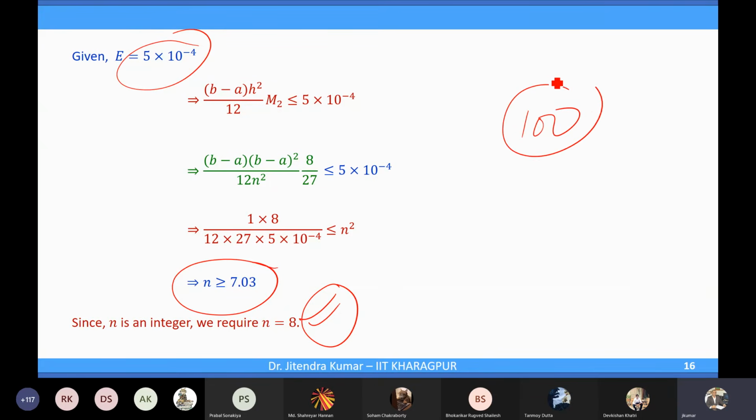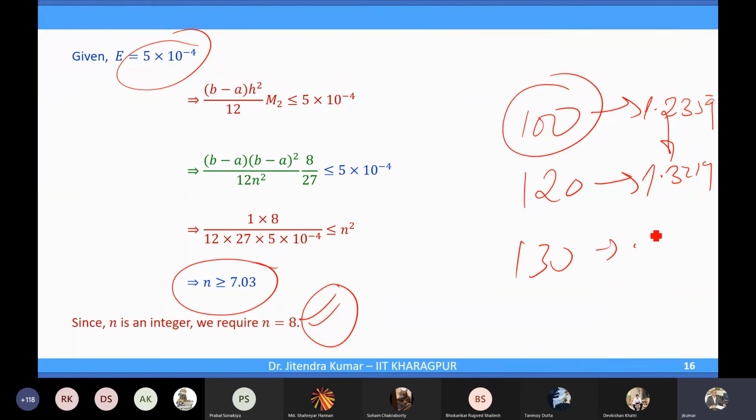There are many other ways to see the accuracy. You take 100 points, compute it, then take maybe 120 points, and compute again. For example, here the value of your integral is 1.2359, and now you compute 1.3219, so at least some changes are there. Then you go to maybe 130 points and get 1.3225.